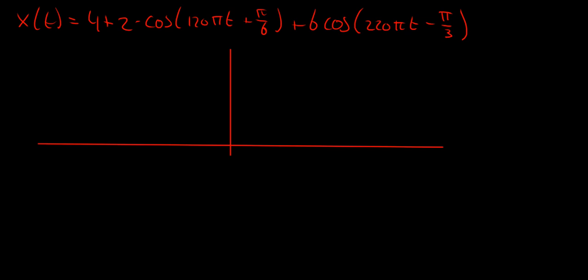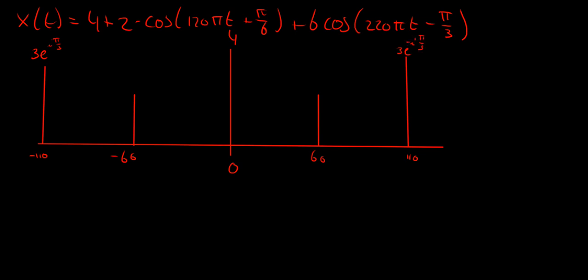At a frequency of 0, we had a value of 4. At frequencies of minus 60 and 60, and at frequencies of minus 110 and 110, we had the following amplitudes: 3e^(i pi/3) and 3e^(-i pi/3).